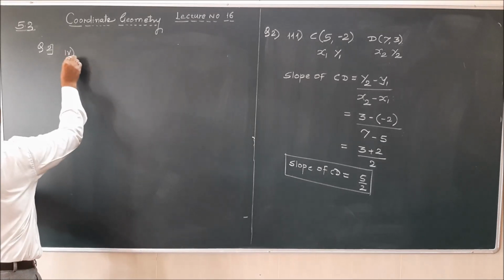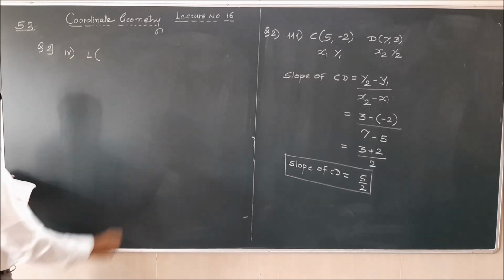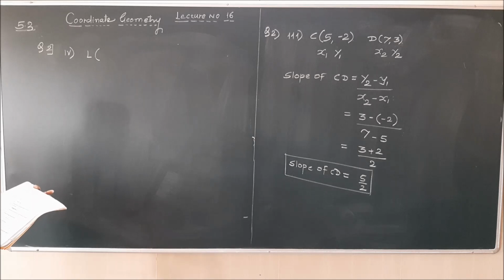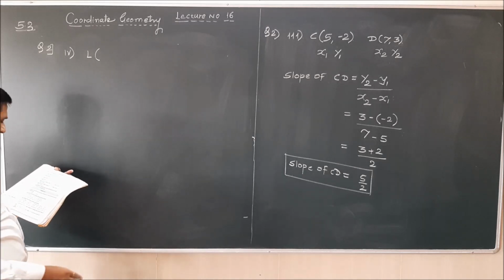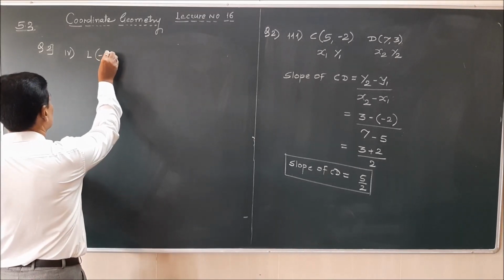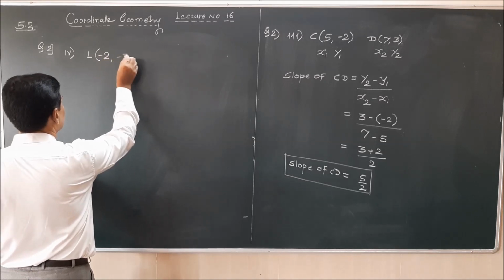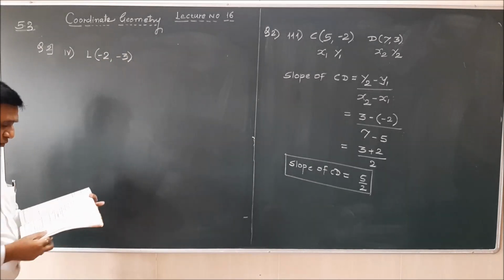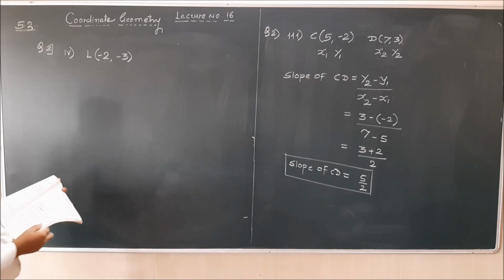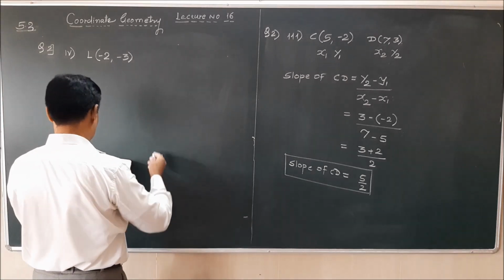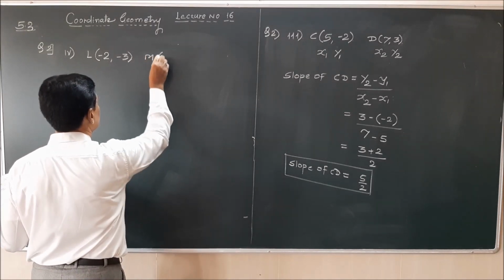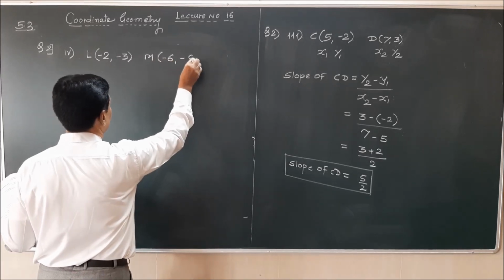Coordinates of L are given as minus 2 comma minus 3, while the coordinates of M are minus 6 comma minus 8.